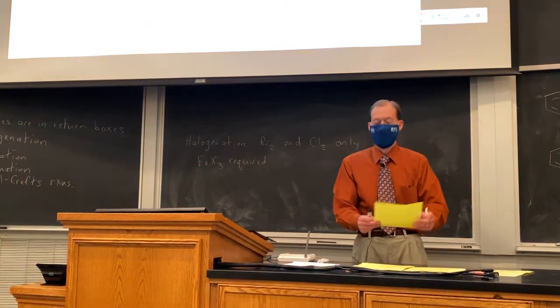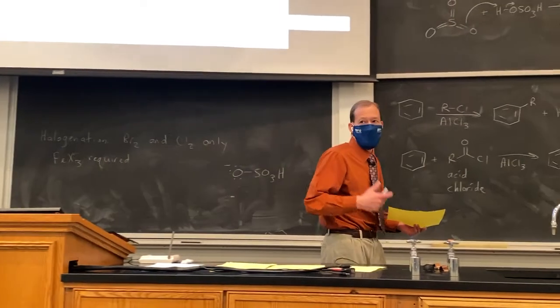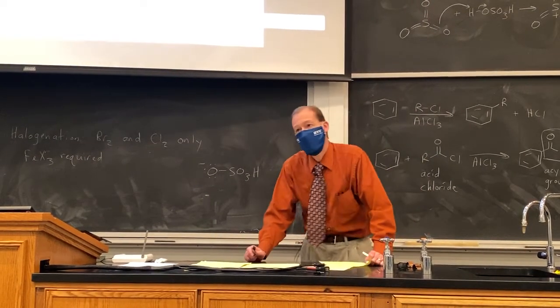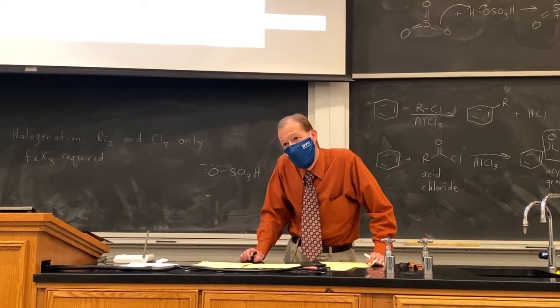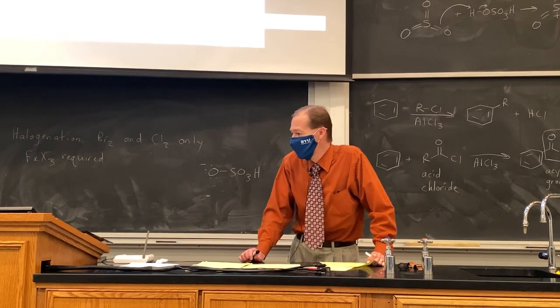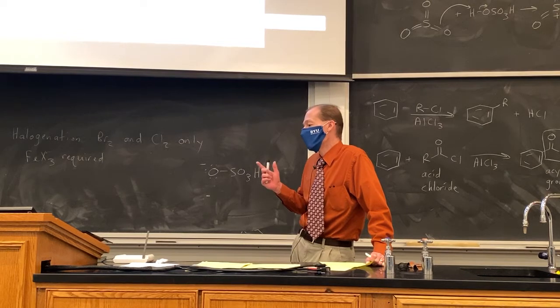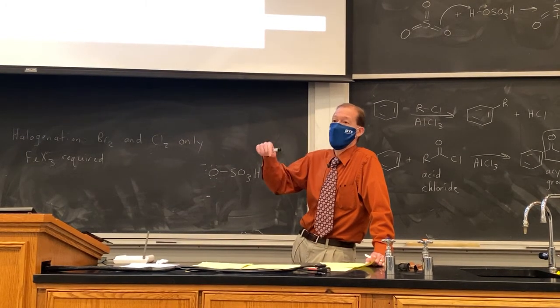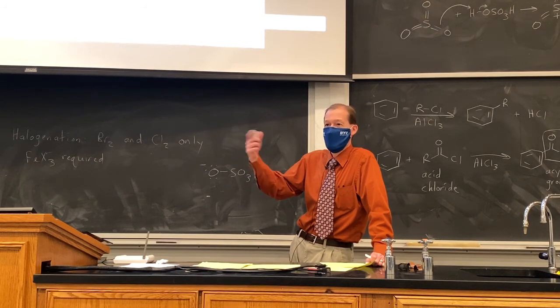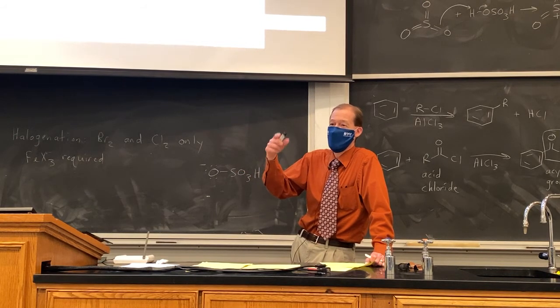Any questions? Yes. What was that? Inversion. So if you're wondering, if we have a chiral alkyl halide, what would happen to the stereochemistry of that alkyl halide? Is that what you're wondering?